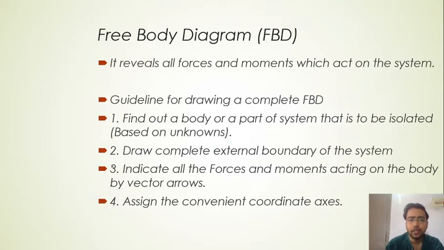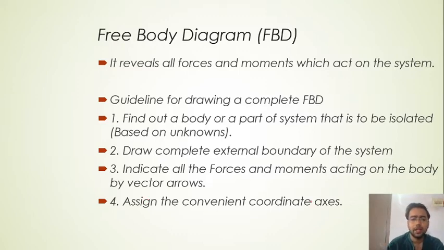In the third point, we indicate all the forces and moments acting on the body by vector arrows. As you know, force is a vector. So we represent all the external forces acting on that isolated body with the help of vector arrows. Finally, we assign a convenient coordinate axis.